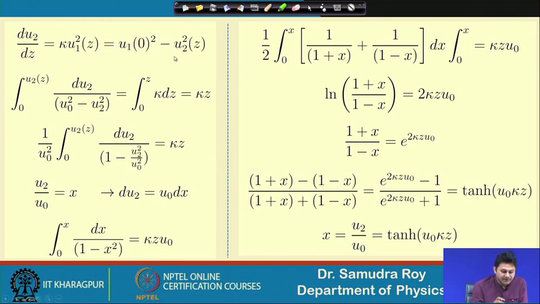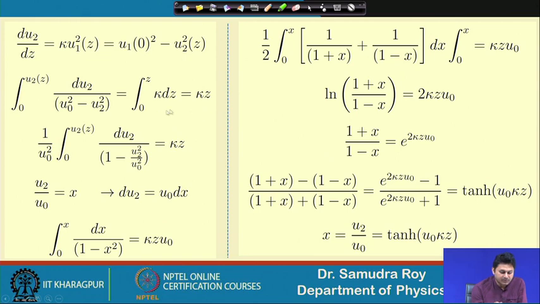After having that, we are going to integrate. If I integrate, du2 divided by u0 square minus u2 square, with limits 0 to u2, will be equal to the integral from 0 to z of kappa dz, because on the right hand side we have kappa dz.